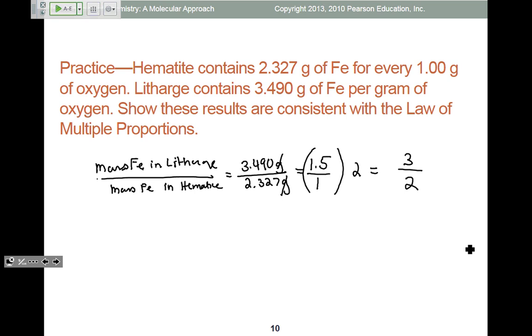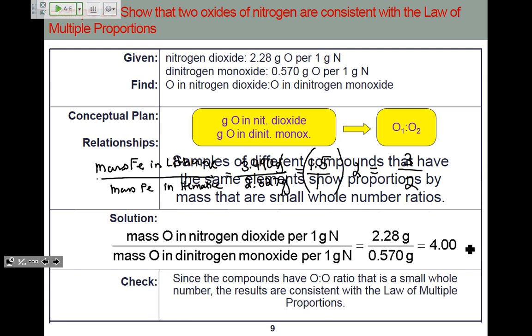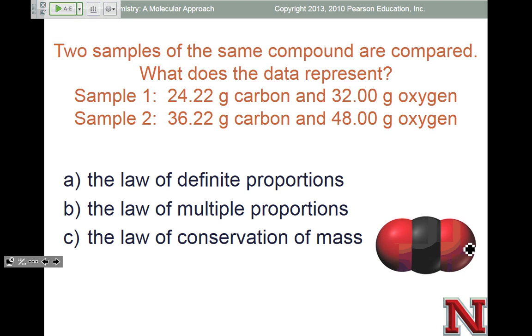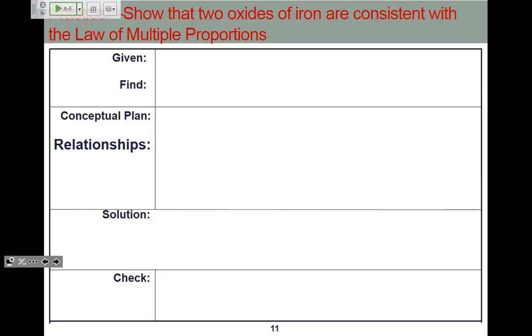So that is a small ratio. It's just it came out to a decimal place. So the example that we showed before was not a 3-to-2 ratio. It was a nice 4-to-1 ratio. But this is still consistent, even though it's a 3-to-2 ratio.